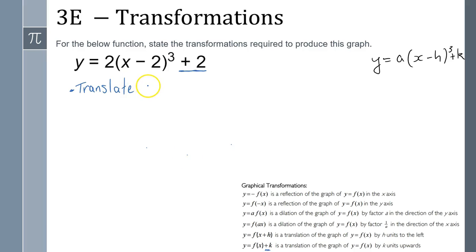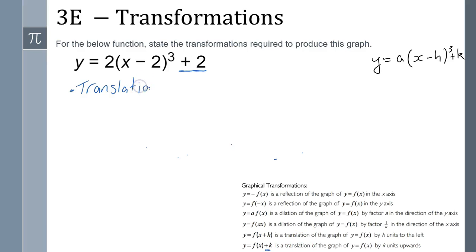translate the graph 2 units upwards. I'm sorry, I've already marked up the wording. Let me start that again. So translate, my hand's over my formula sheet and I can't read it.